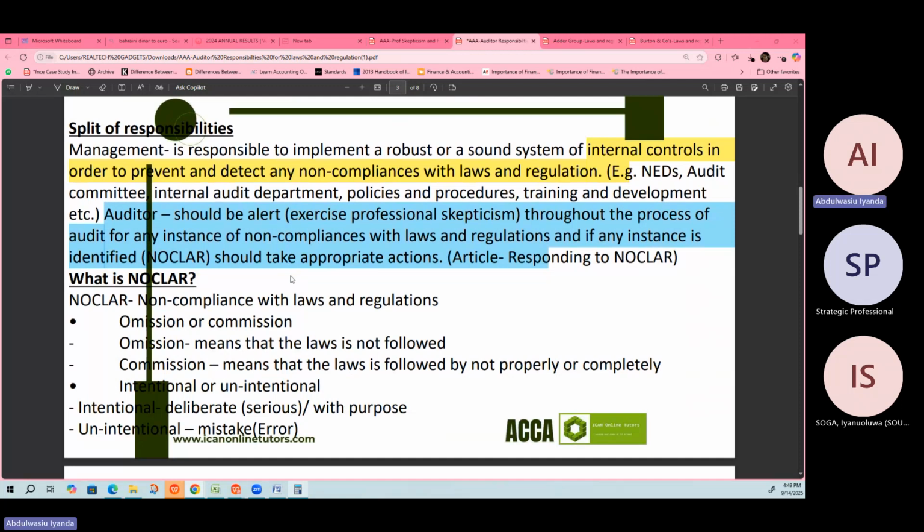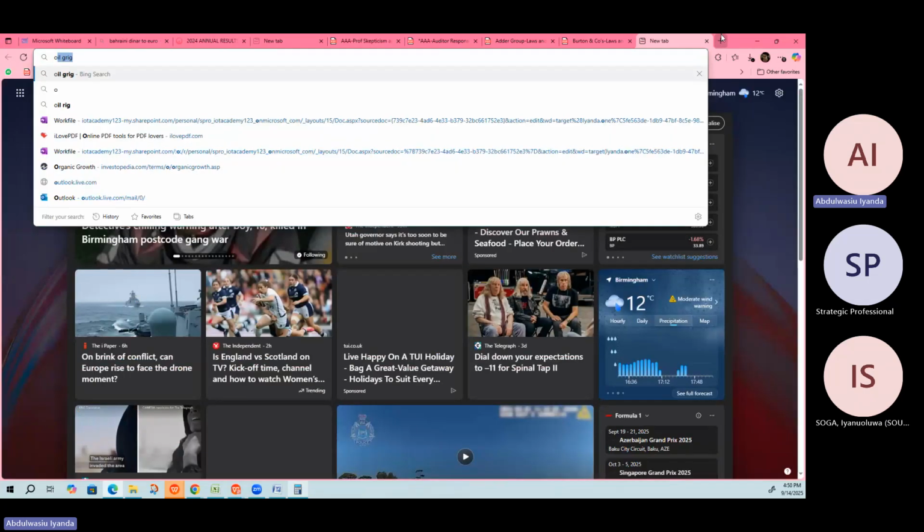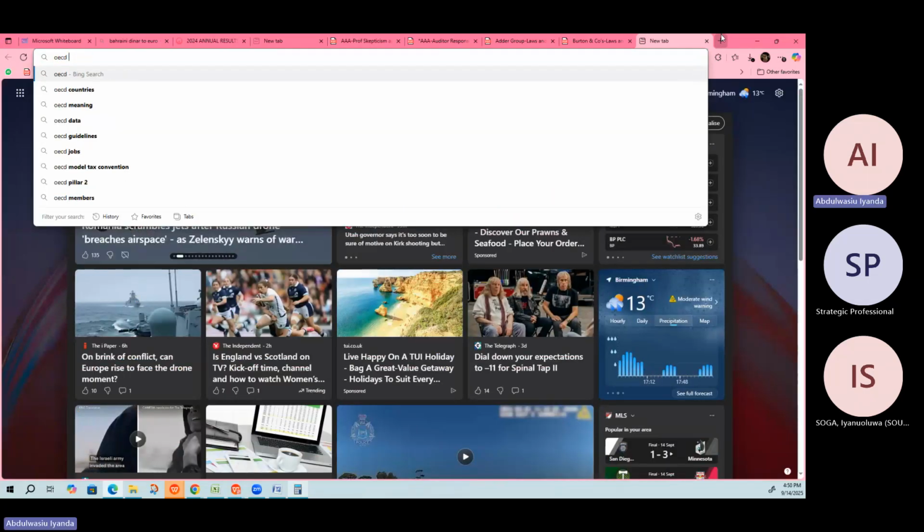At least in IAS 12, we have the OECD principle. And maybe very soon, IAS 12 will be amended for income tax because of the OECD Pillar 2.